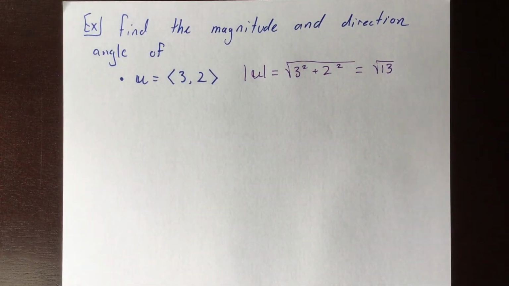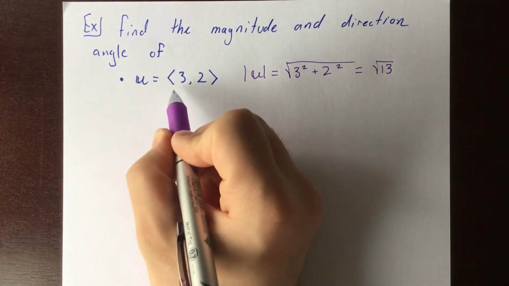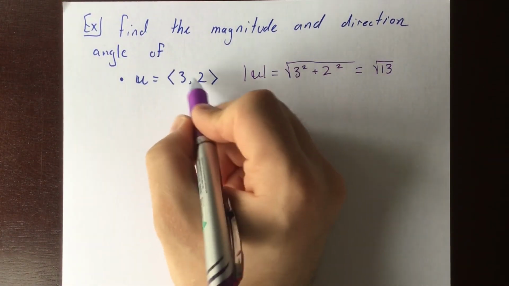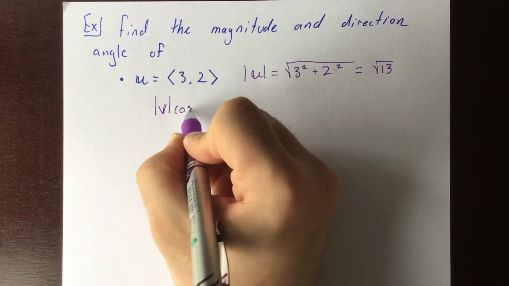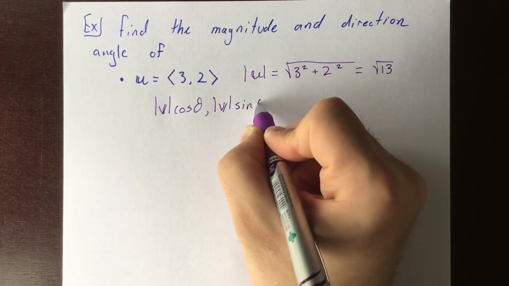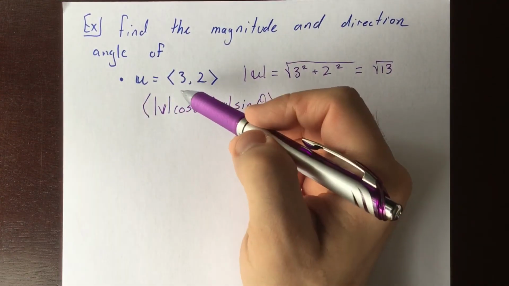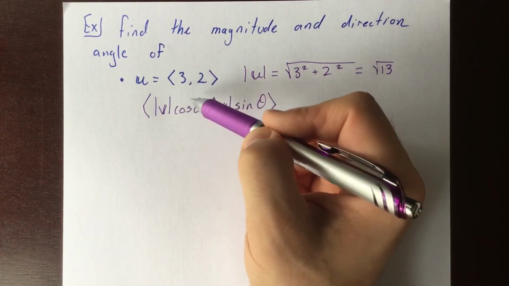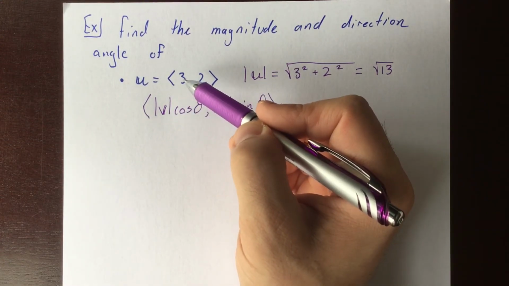And then the direction angle is not as straightforward. Knowing and remembering that the alternate form of vectors is magnitude times cosine, and then magnitude times sine, what we're going to do is set this part, or even this part, equal to what we're given.